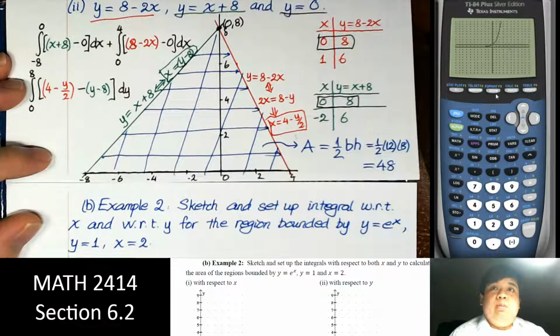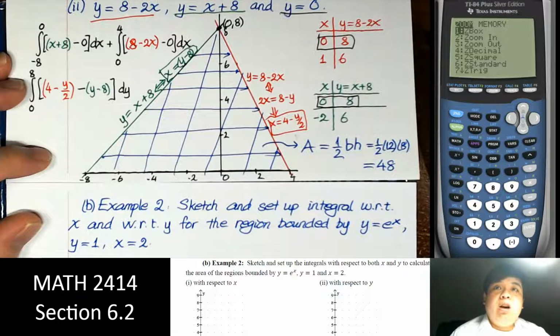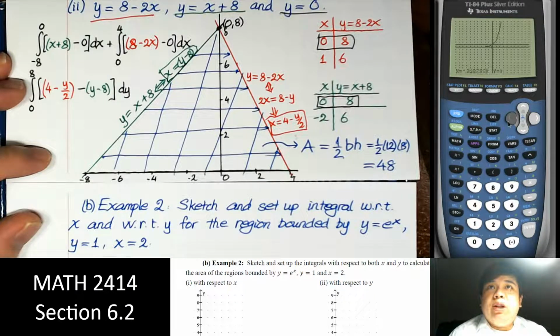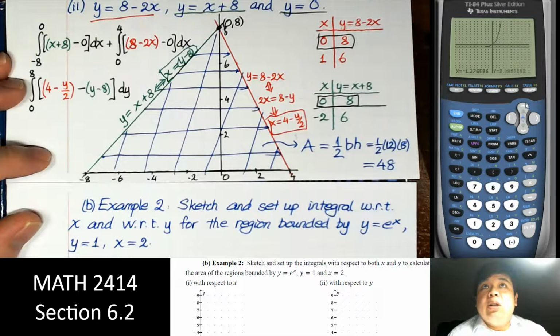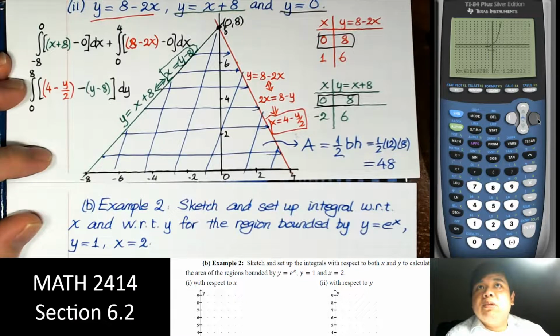So it's kind of difficult to see. So I'm going to zoom, hit zoom. The first one, zoom box. So I'm going to zoom out. Zoom in. Yeah.